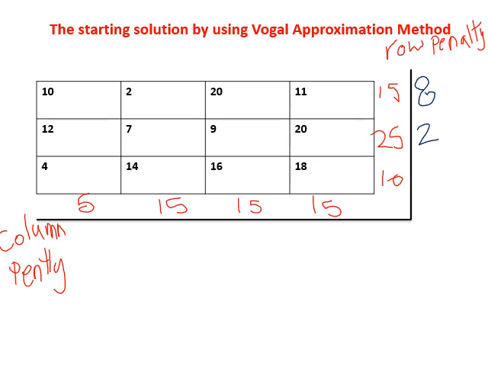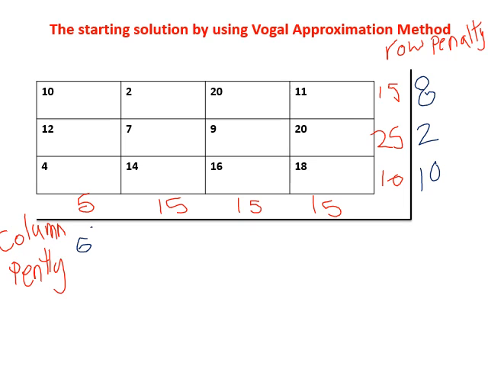Now let's get the values for the column penalty, which is the difference between the least two costs in each column. For the first column, the difference between 4 and 10 is equal to 6. This is the difference between the least two costs, which is 6.